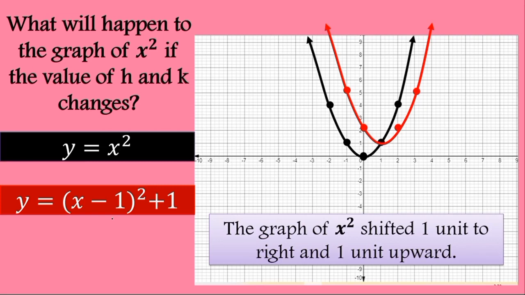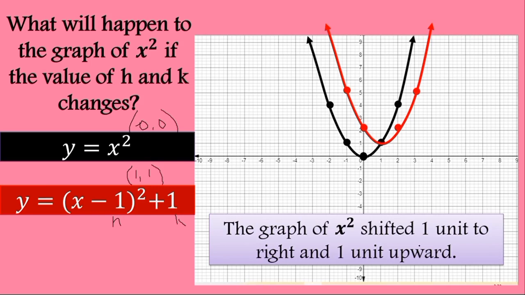We refer to the value of h and k. Since the value of h and k here is 1 and 1, while on x squared the value of h, k is 0 and 0. So with that, how many units did the x or h move from the origin?